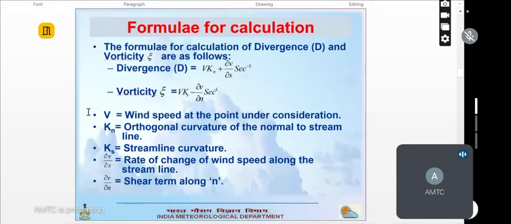To see the curve, it is important. Let me ask you: if there is a straight line streamline, what will be the vorticity?